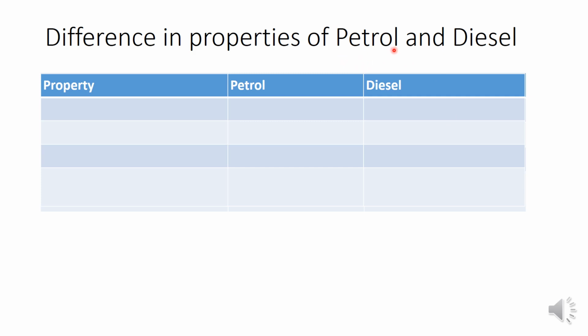What are the differences in properties? The main thing is that petrol is a highly volatile fuel, while diesel is not volatile. If you take petrol in an open container, it can easily evaporate and mix with the atmospheric air, whereas diesel will not evaporate easily.